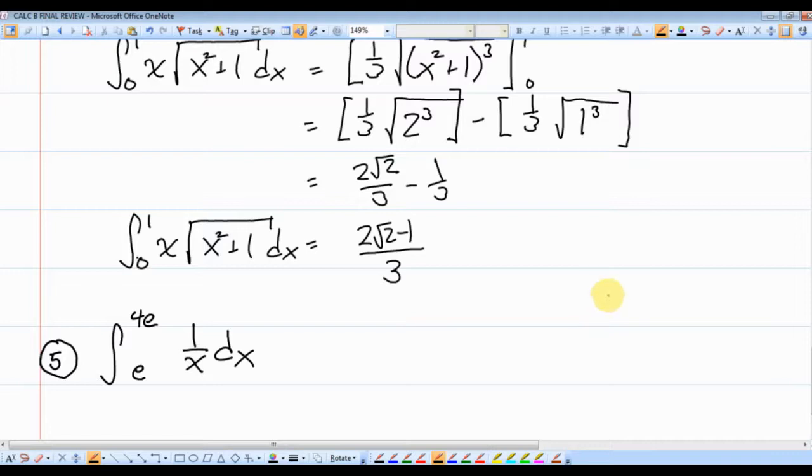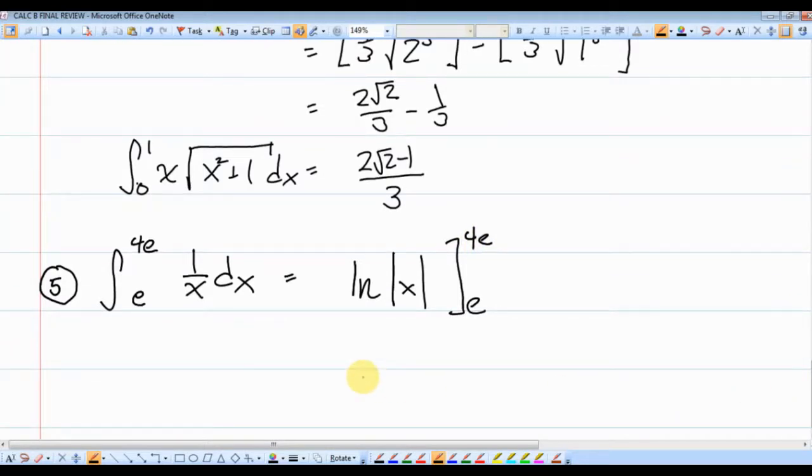It worked. Okay. What's the antiderivative of 1 over x? Natural log of the absolute value of x from e to 4e. That's going to be equal to the natural log of, well, e is 2.17, so it's positive.